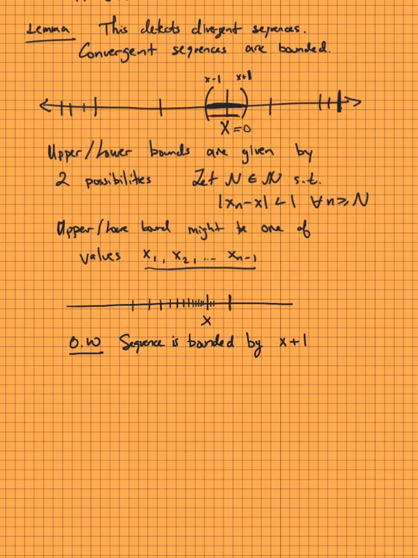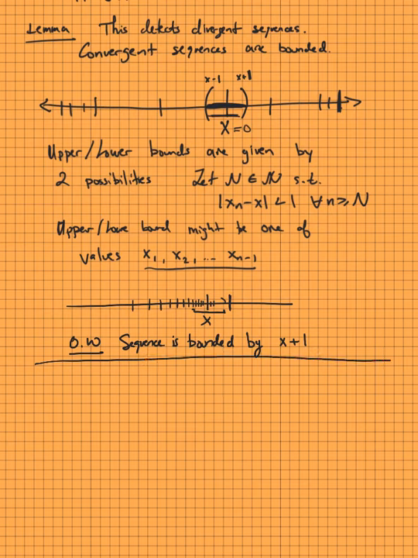Okay? Because you've ensured that since it converges, it has to live within the x minus 1, x plus 1 interval. Okay, so that detects divergence of sequences.